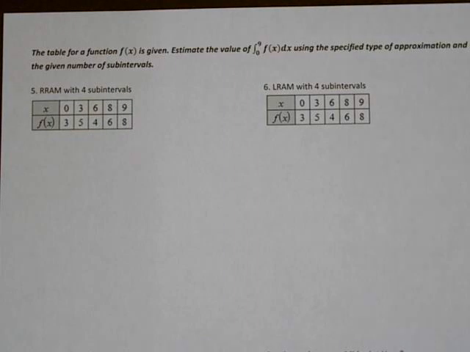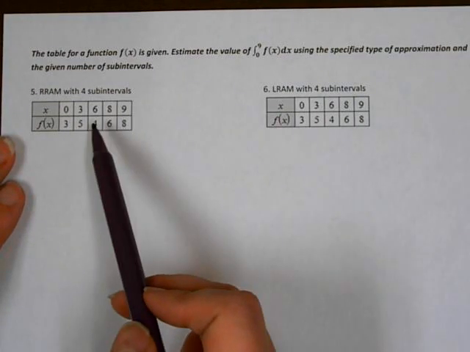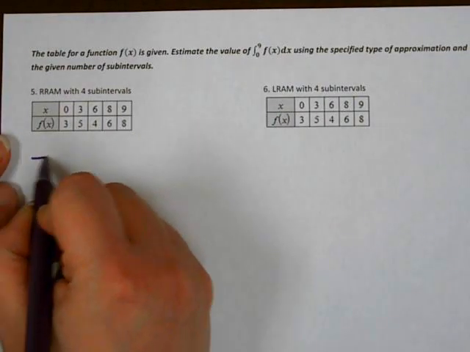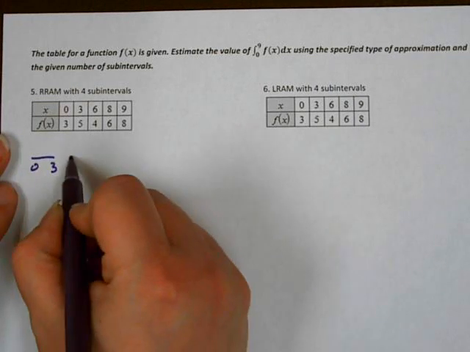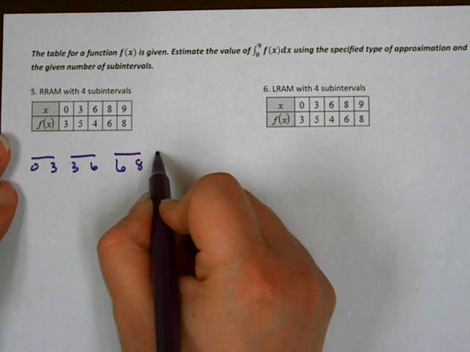These are actually easier because there's no calculating the y values. So if I want to do RRAM and I want 4 subintervals, and I've got these values here, my 4 subintervals are going to be 0 to 3, 3 to 6, 6 to 8, and 8 to 9.